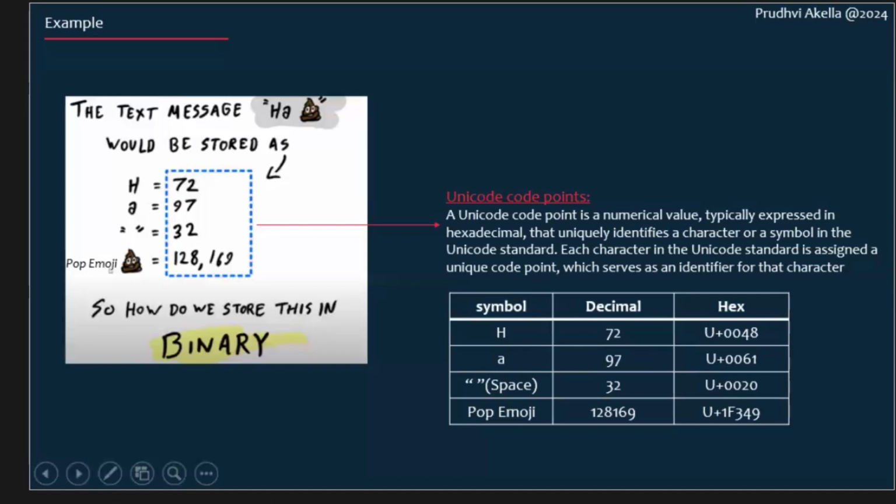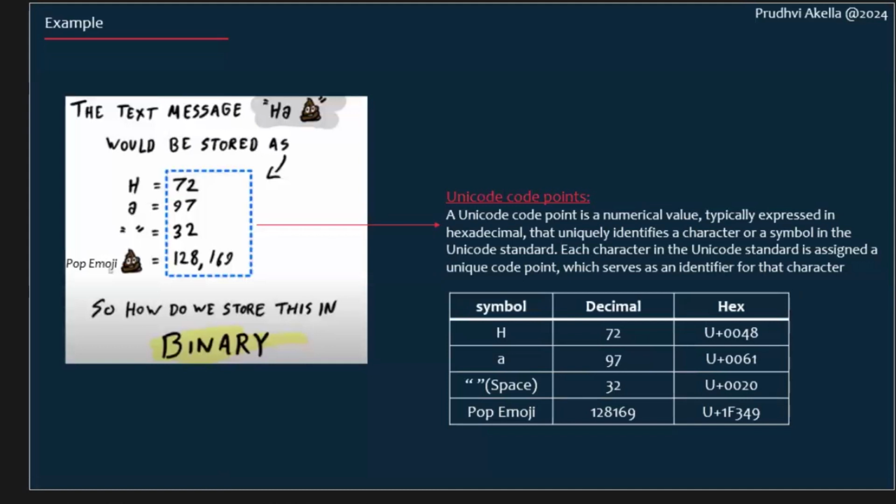Usually we are more familiar with the decimal number system, but you can represent the same thing in the hexadecimal number system also. If you represent the 72 in hexadecimal, this is how it looks. What does U plus say? U plus means Unicode. We discussed this, correct?